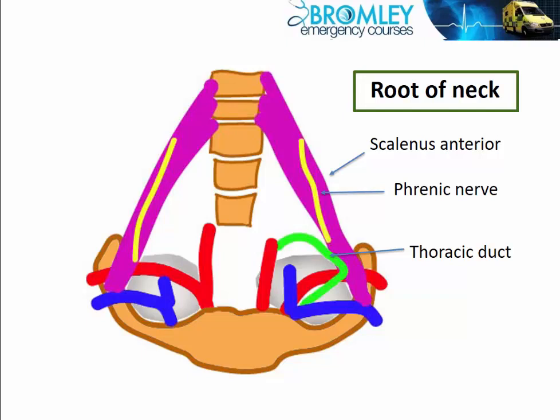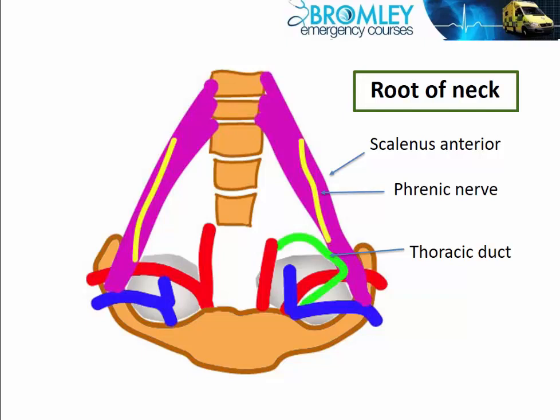If the thoracic duct is damaged, it's a low pressure system, but you can have lymph leaking into the mediastinum, what's known as a chylothorax. And it can be a very difficult thing to repair. So that's the thoracic duct, and that's why we always prefer right subclavian vein cannulation to left if possible.